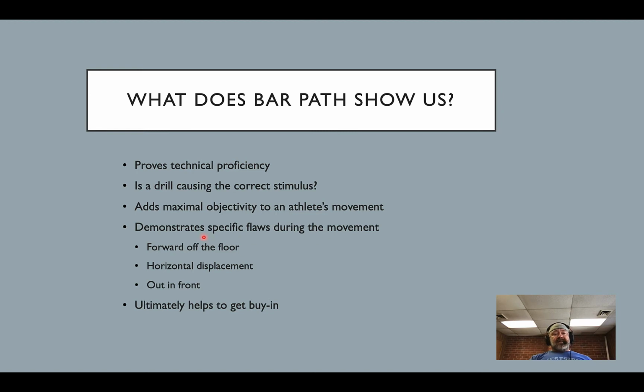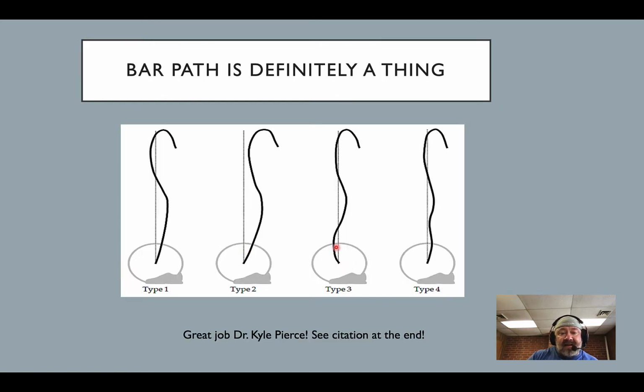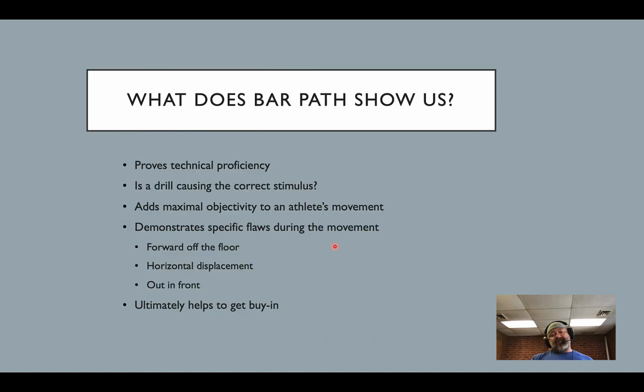Anyway, the bar path also demonstrates specific flaws during the movement, like if you're forward off the floor, if you're really forward. And if we look back, being a little forward off the floor might not be the worst thing, especially for some men. Are we getting horizontal displacement? You're going to get some, but are you going to get an abrupt amount?